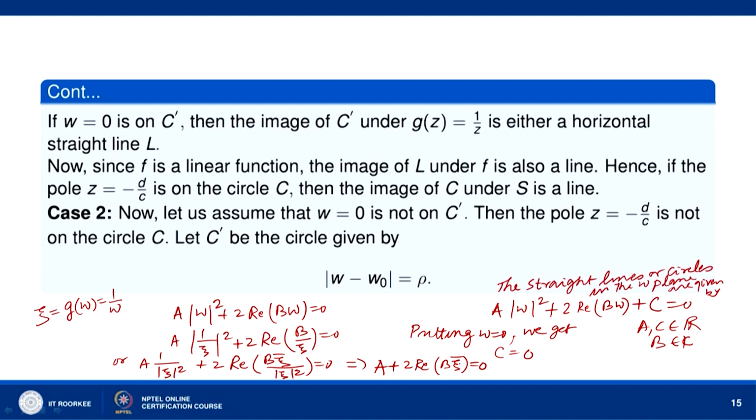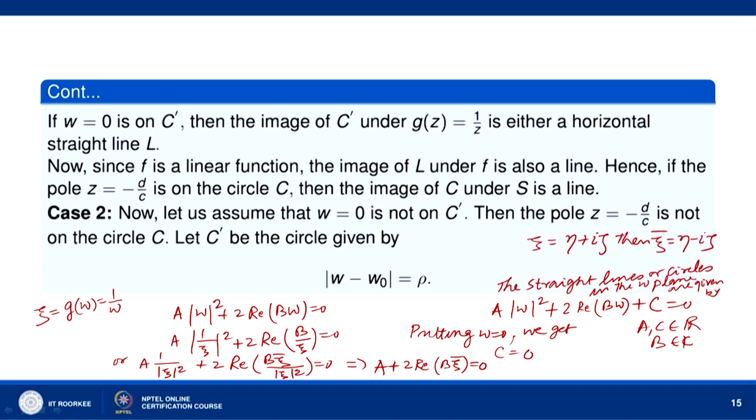And A is a real constant. Suppose we write Xi equal to eta plus I zeta, then Xi conjugate will be eta minus I zeta. And if you take B as alpha plus I beta, then what do we get?